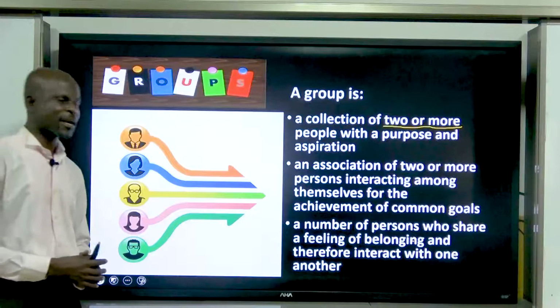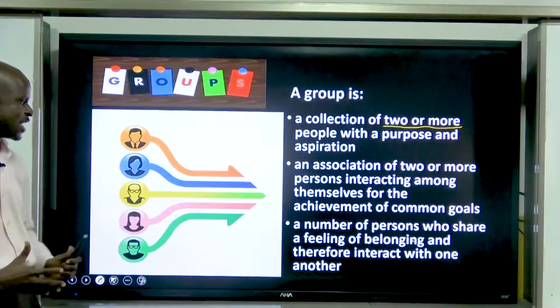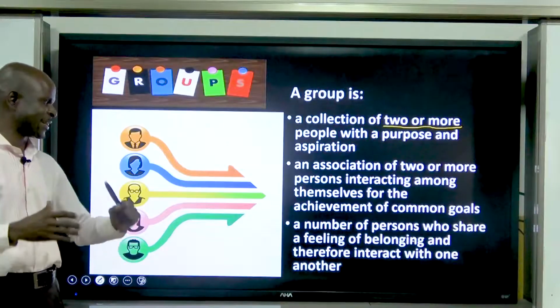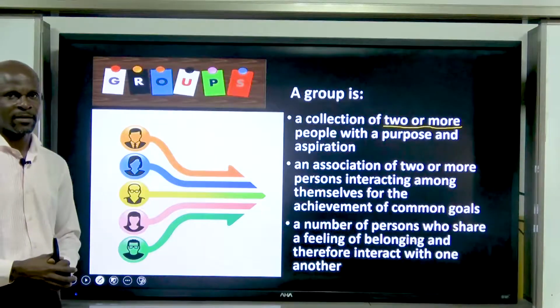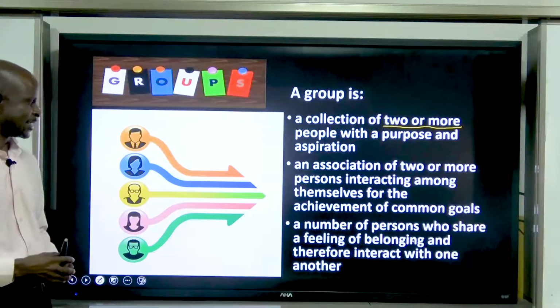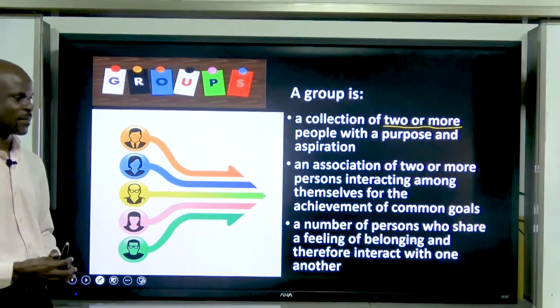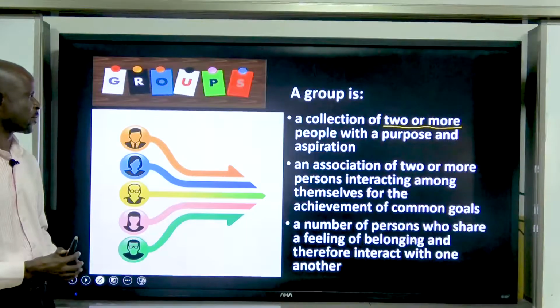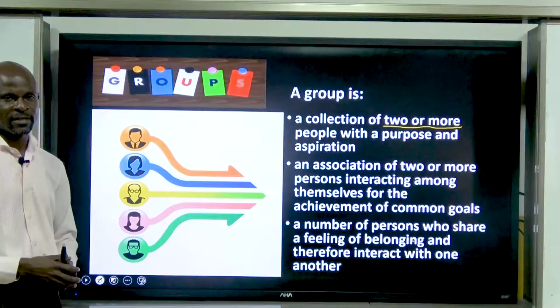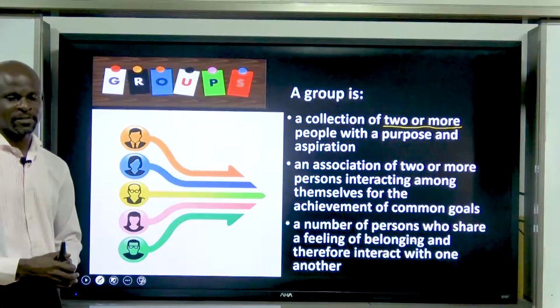A group can also be described as a number of persons who share feelings of belonging and therefore interact with one another. They share feelings, they share belongingness, and they interact with one another. That is a group. Now, with these different definitions, that means there's possibility of having different types of groups.